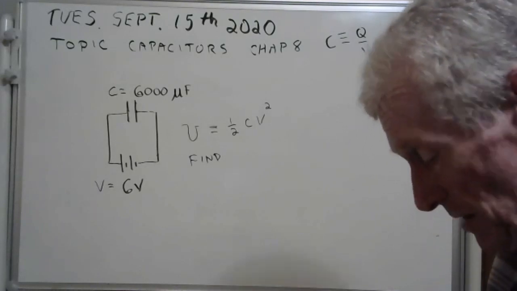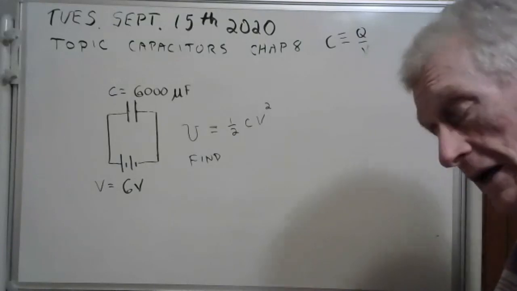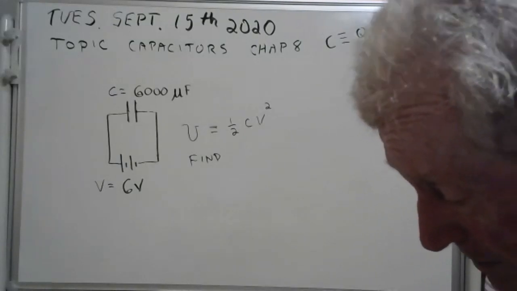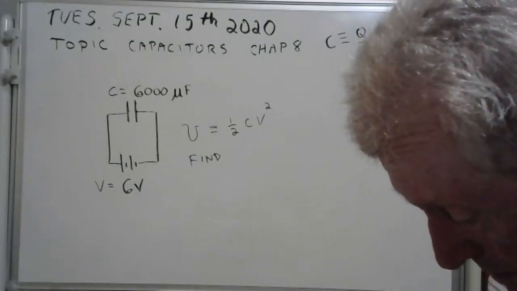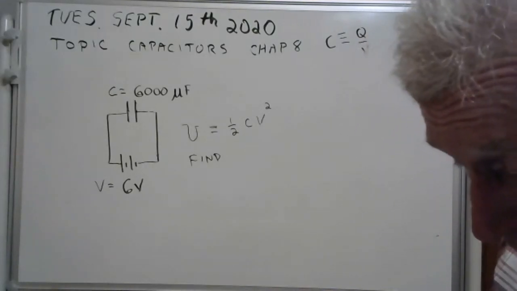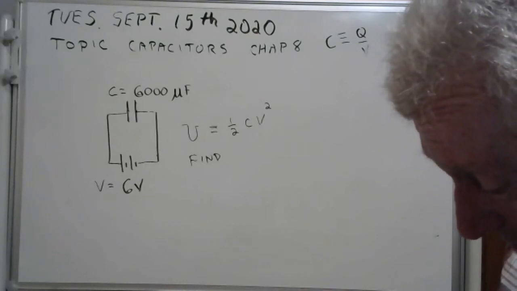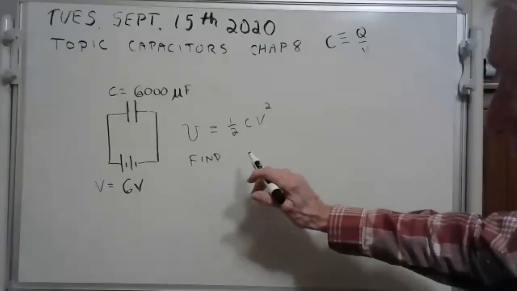108,000? I got 108, but I don't know about 1,000. I like your number. No, I see what I did. 108. I like the 108, but you still don't have the decimal in the right place. No, I forgot the micro. Yeah, so what do you think it is?